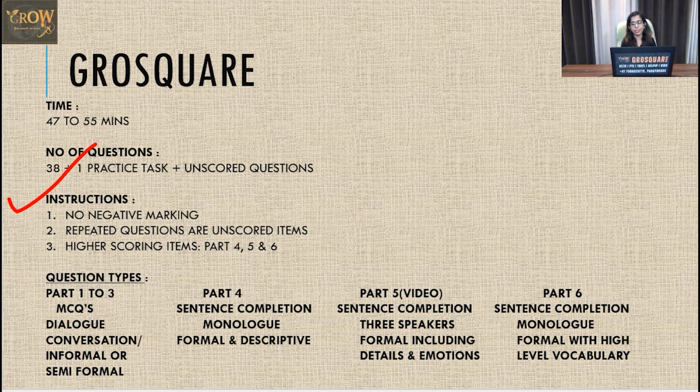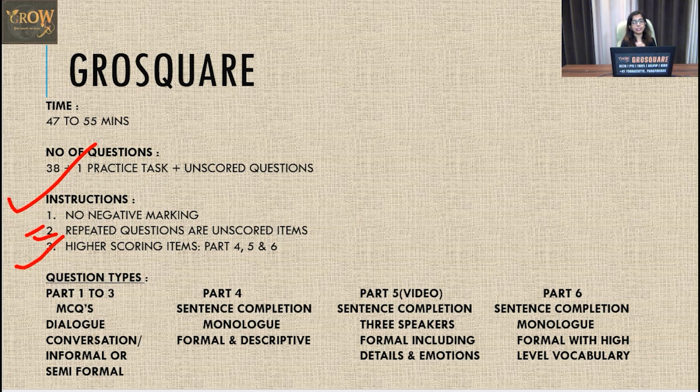But if you leave the space blank, you are not going to get marks for sure. So it is very important to attempt all the questions. Repeated questions are unscored items, as I already told you.